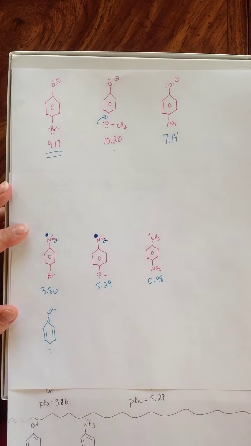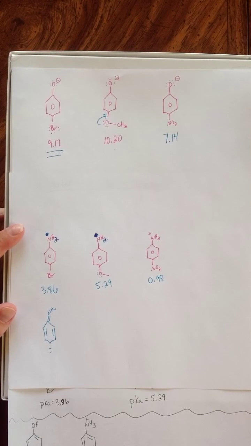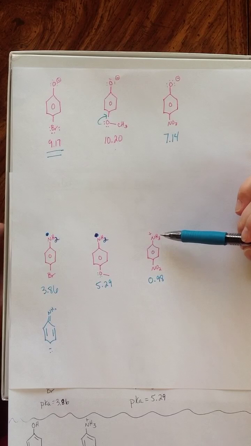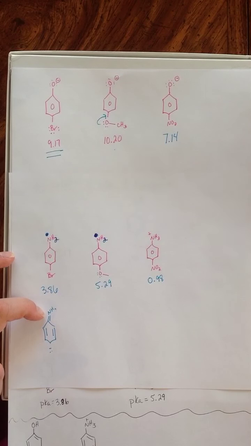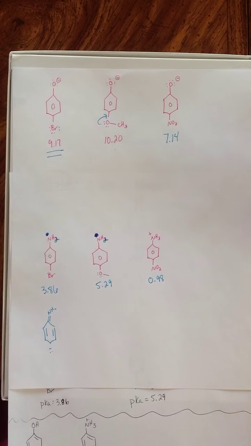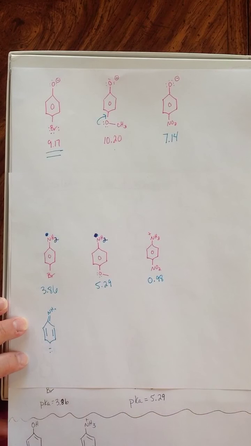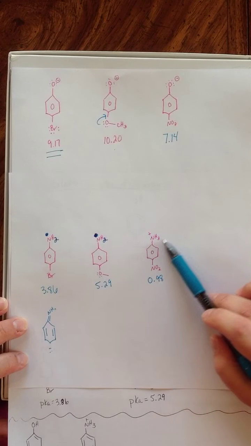the pKa of this guy is very, very low, because he's going to help the conjugate base to be rather stabilized, but more so the NO2 is putting positive charges into the ring, and we don't need another positive charge hanging out there.